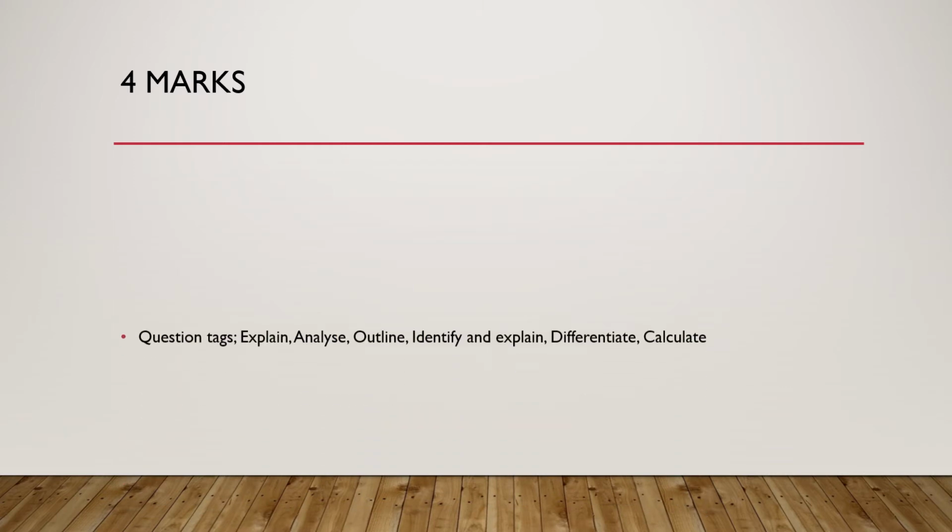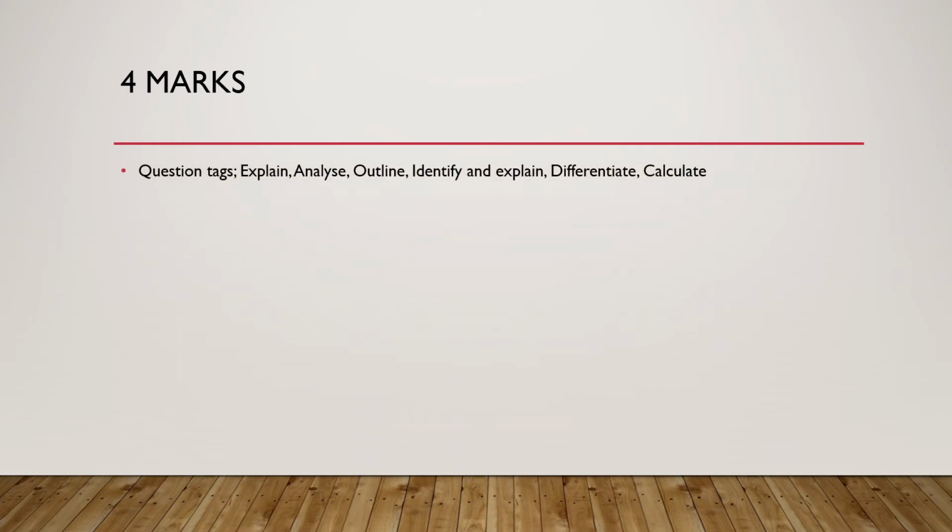Four marks questions generally start with these key question tags. It may start with explain, analyze, outline, identify and explain, differentiate or calculate. These are the types of question tags generally asked in the IGCSE examination paper.